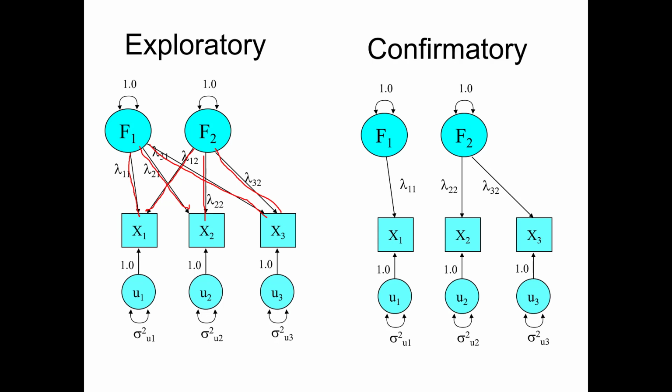So let me get rid of the mess here. For example, let's say x2 is vocabulary, and we have crystallized intelligence, and then we have fluid intelligence. We want to see that vocabulary is a crystallized skill.